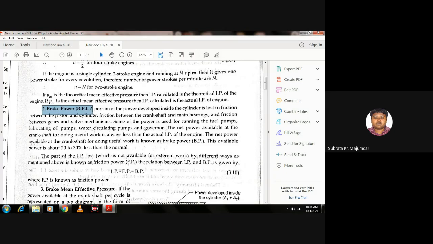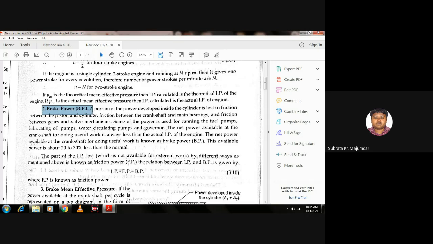In other words, suppose we are designing an engine for generating 100 kilowatt. The ideal power of the engine, 100 kilowatt, is the indicated power. But when the engine is actually running, we can obtain 85 kilowatt.